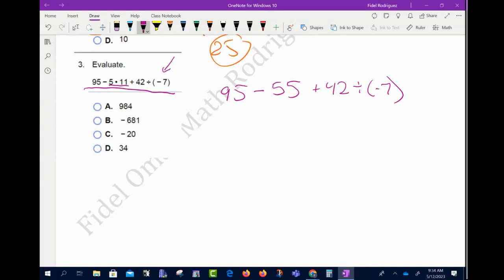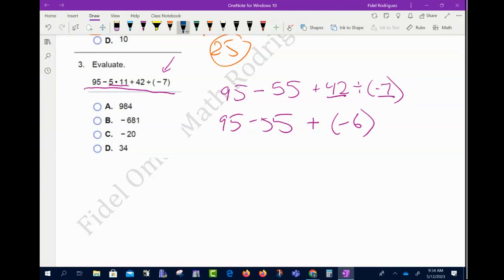Okay, we still have some dividing here. Let's do that. 95 minus 55 plus, what's 42 divided by, forget about the negative right now, what's 42 divided by 7? 6. But if it's a positive divided by a negative, it's going to be a -6.